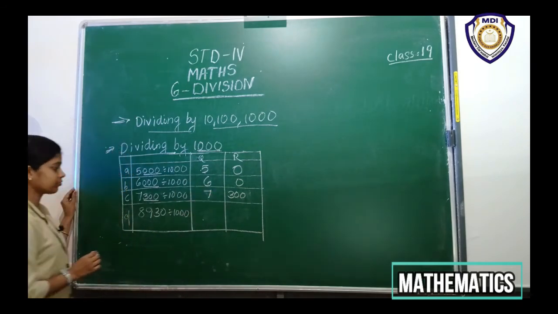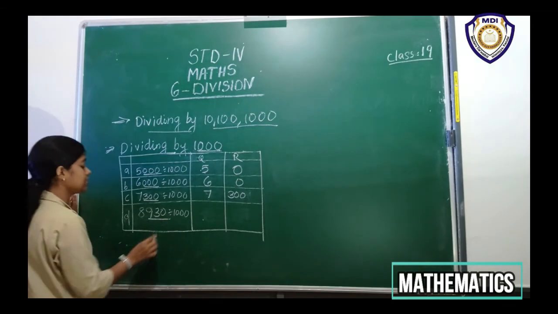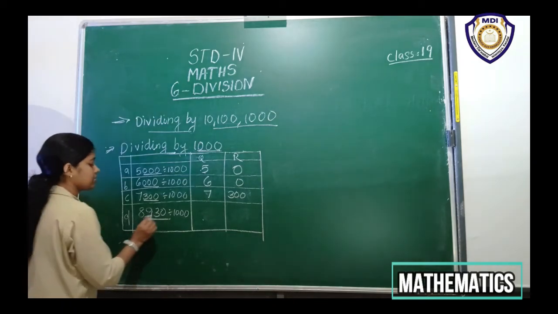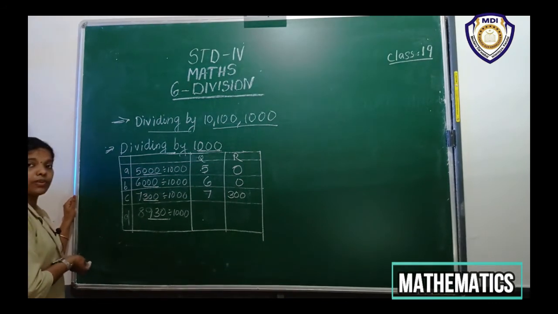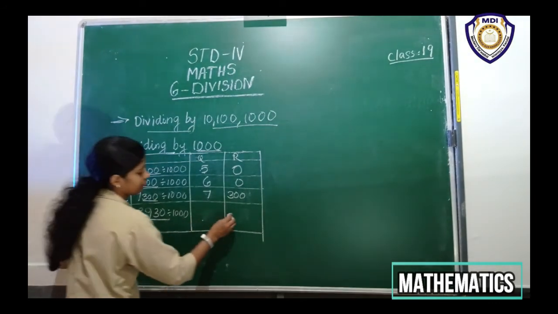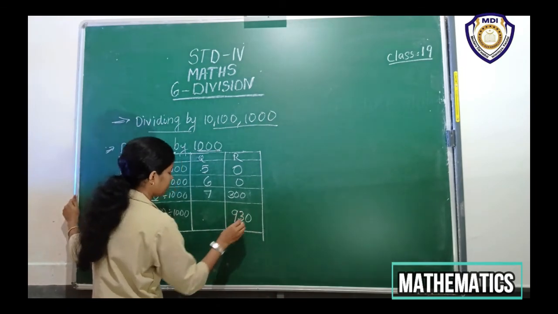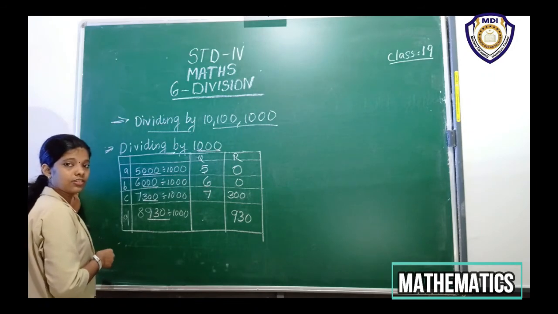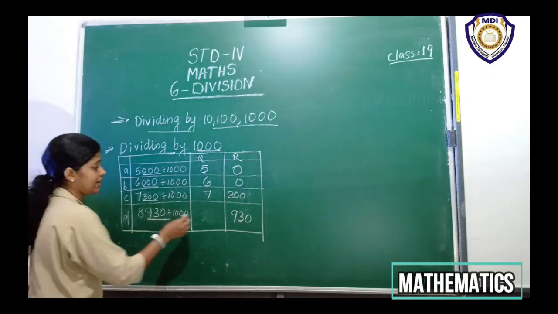Then here 8,930 divided by 1000. The last 3 digit number, 930, is the remainder. Then the remaining number, 8, is the quotient.